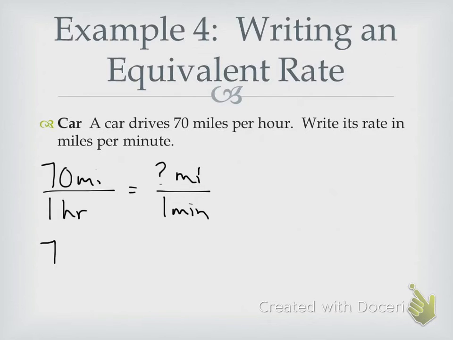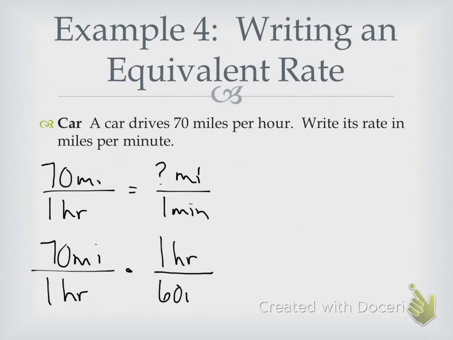Okay, so 70 miles in 1 hour times what? I'm going hours to minutes, so how am I going to write this next ratio? Hours over minutes. So equals 1 hour over how many minutes are in an hour? 60 minutes. So here I can't really cross-reduce anything.